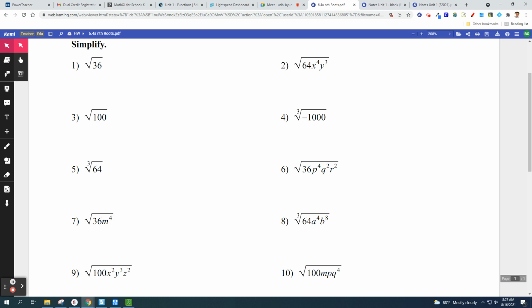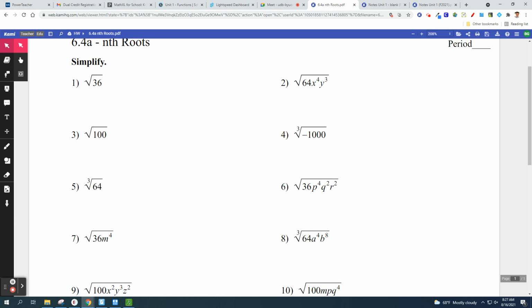Square root of 36 is 6, and don't let my new lesson make you miss that. Done. Number 3, square root of 100 is 10. That's easy. You knew that. Okay, don't let the new material erase your brain and forget old material.